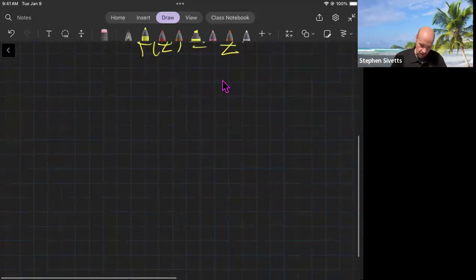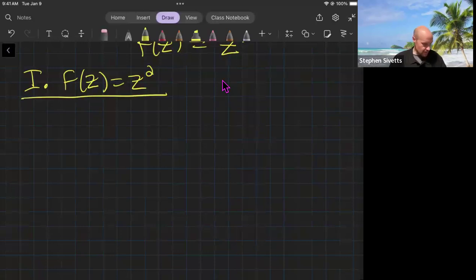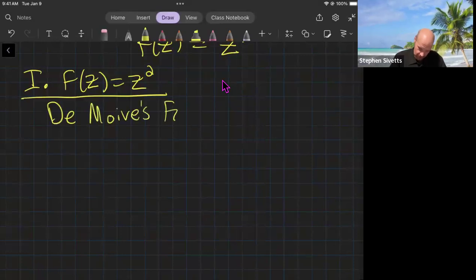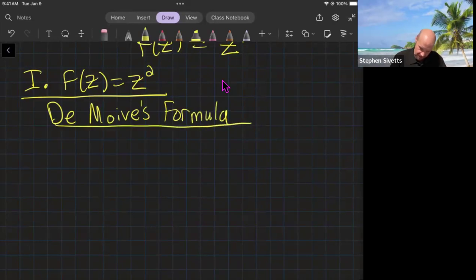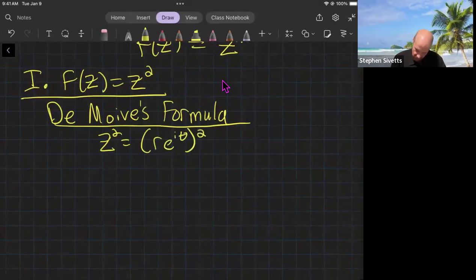So let's look at one popular type of power function: f of z equals z squared. Now we know by De Moivre's formula, z squared equals r times e to the i theta in terms of polar coordinates, squared.